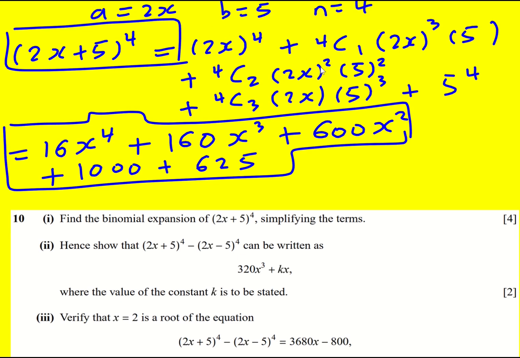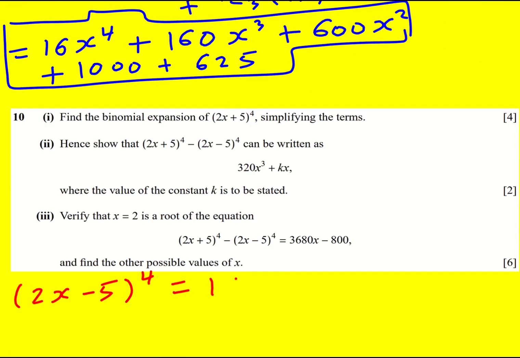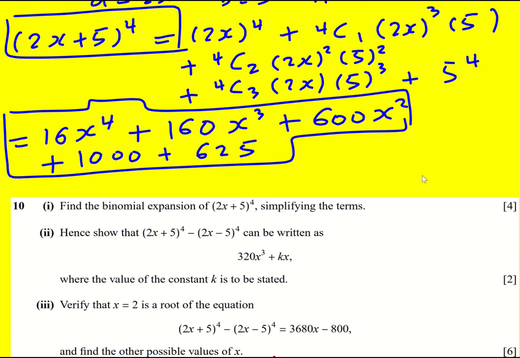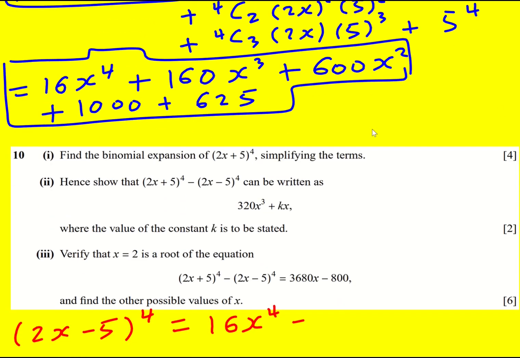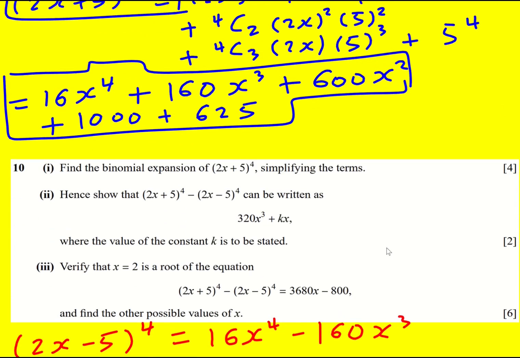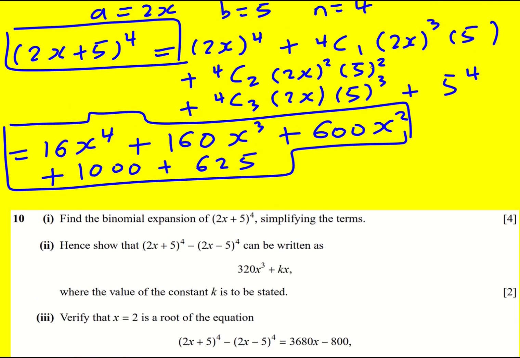So the first term will stay exactly the same. It will be 16x to the 4. But then because I'm multiplying by minus 5, I'm going to get minus 160x cubed. When I look at this term here in terms of x squared, because if I replace the 5 by minus 5, because I'm squaring it, it would stay positive.